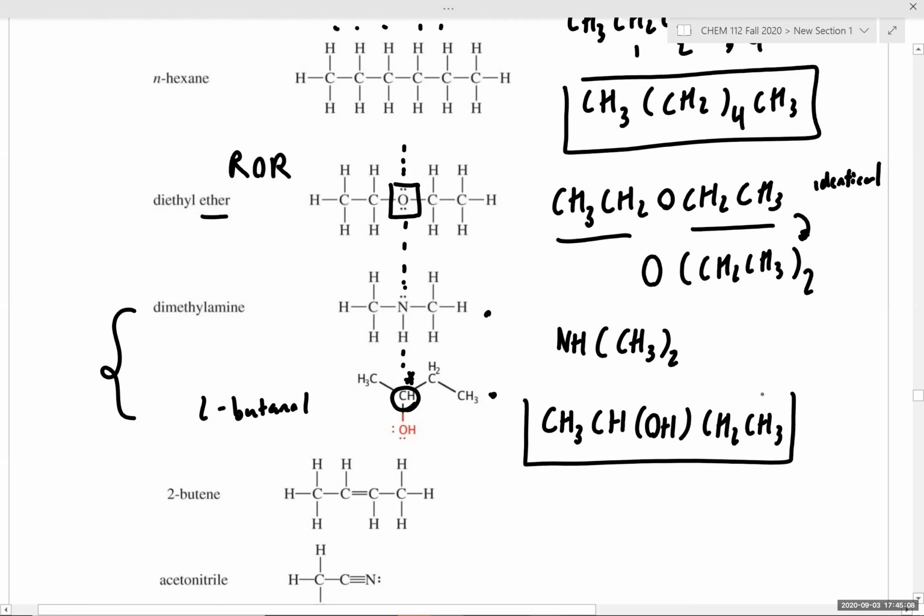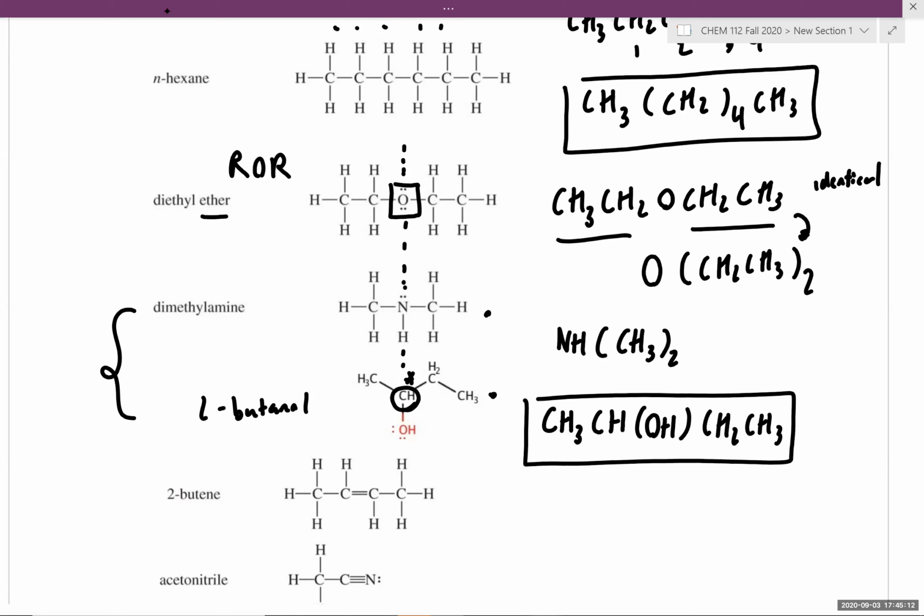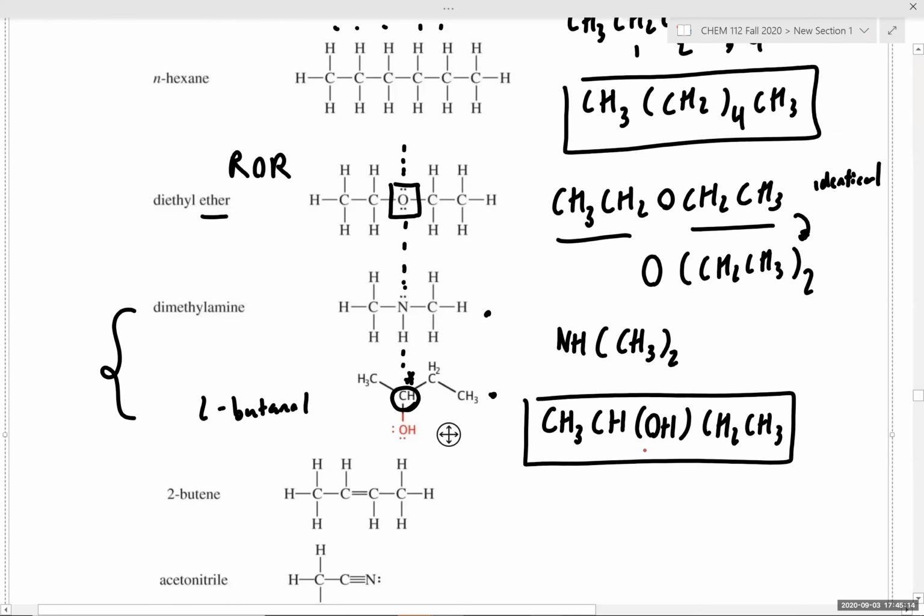So this is the condensed structure for 2-butanol, and we indicate this hydroxy or hydroxyl functionality is attached to this carbon by placing the hydroxyl functionality in parentheses and writing it immediately after the CH group.